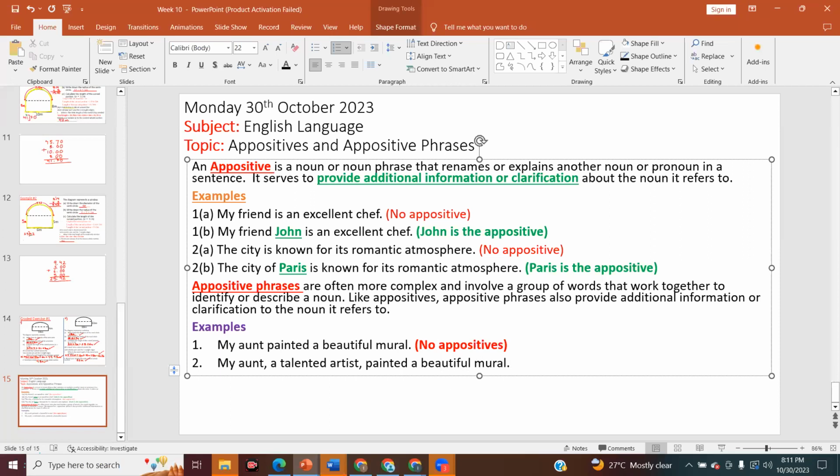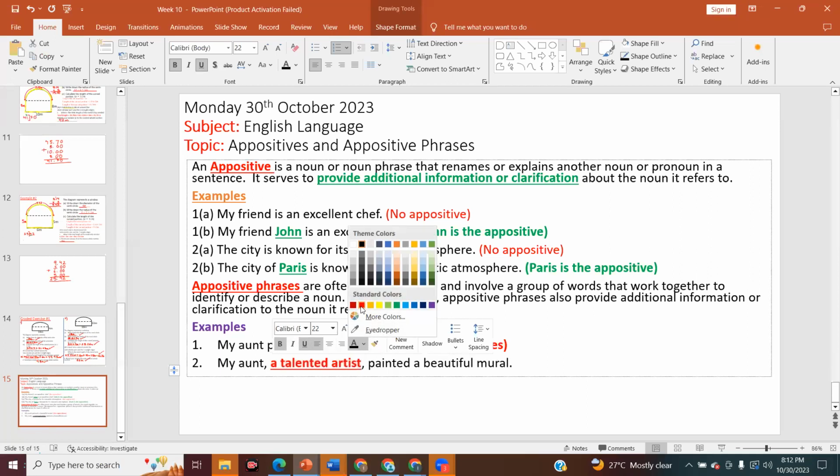Does the sentence contain an appositive? Yes, sir. An appositive phrase, does it? What is the appositive phrase in this sentence? A talented artist. Why? Because it's describing who? My aunt.